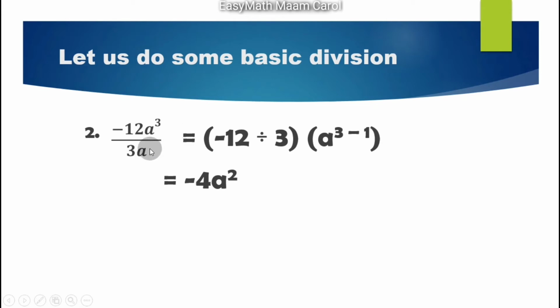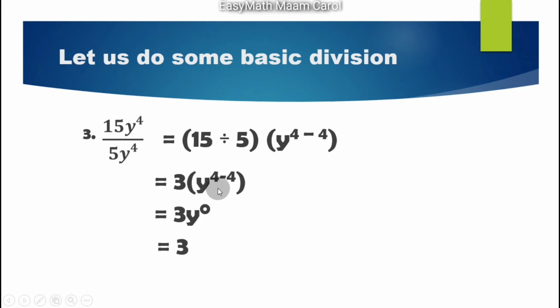That is 1. Okay? Automatic 1 yan. Kasi kung 0 yan, wala kang makikitang variable. So, 1 ang exponent yan. So, we have 3 minus 1. Therefore, sa exponential natin, ang answer ay a squared. So, for the expression negative 12a cubed divided by 3a, the answer is negative 4a squared.